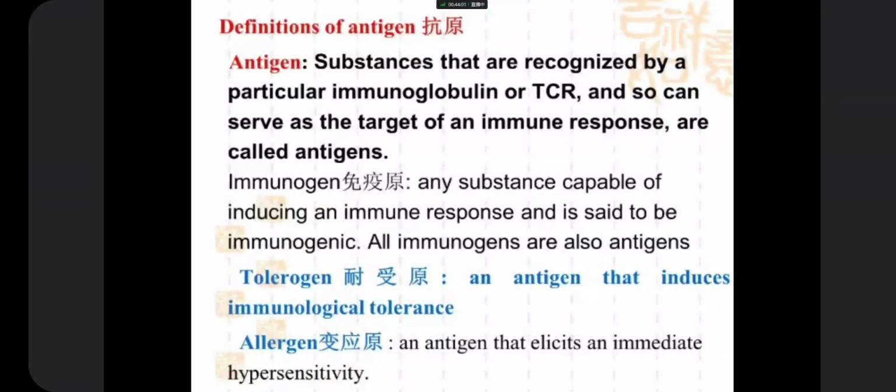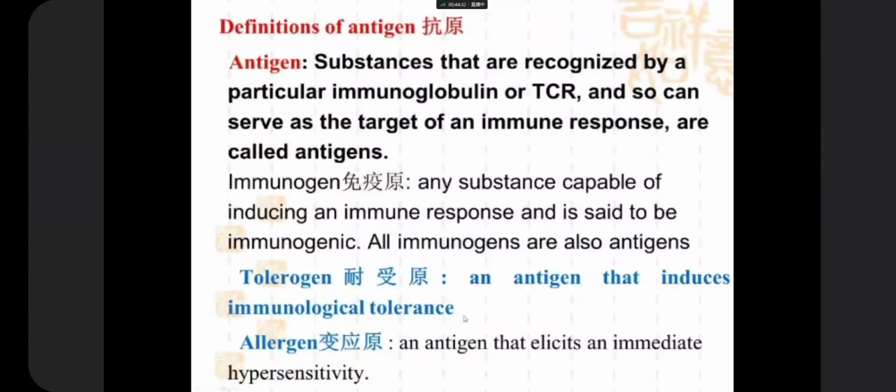Another name is tolerogen, in Chinese 耐受元. That is an antigen that induces immunological tolerance.